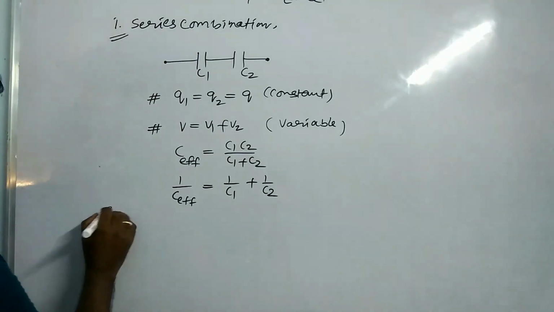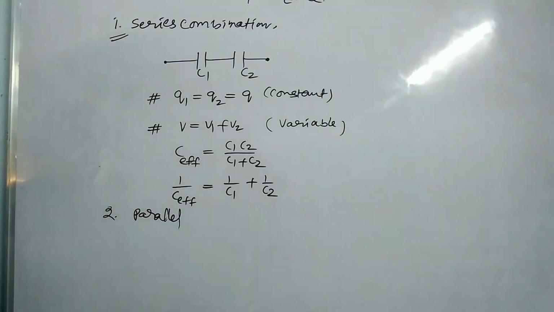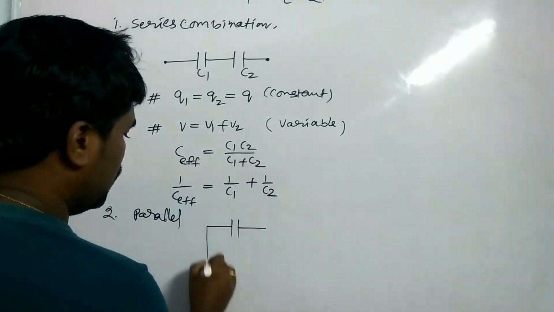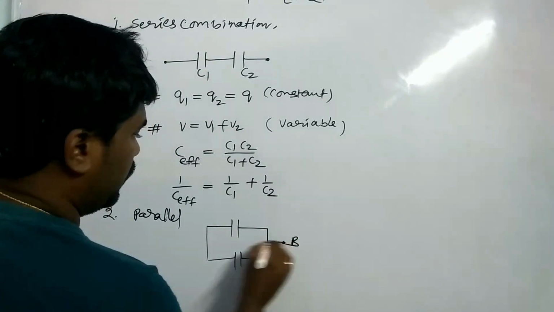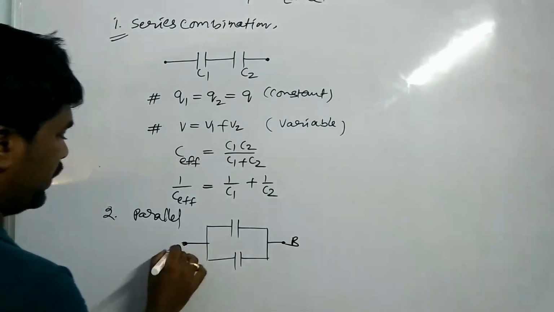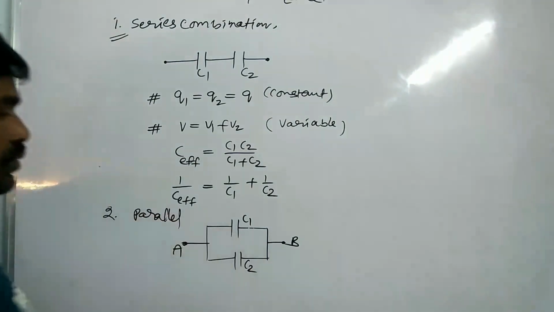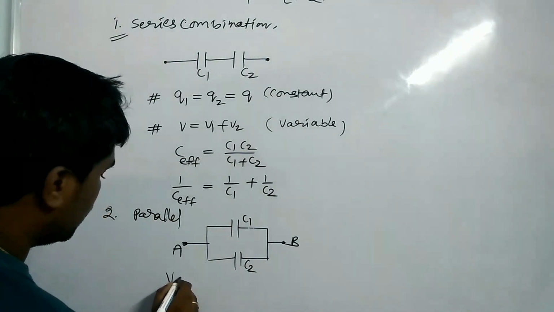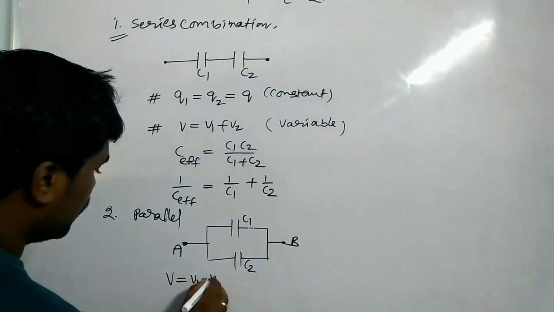Now coming to the parallel combination. If two capacitors are connected parallel to each other, between A and B, with capacitances C1 and C2, the potential V is equal to V1, equal to V2.